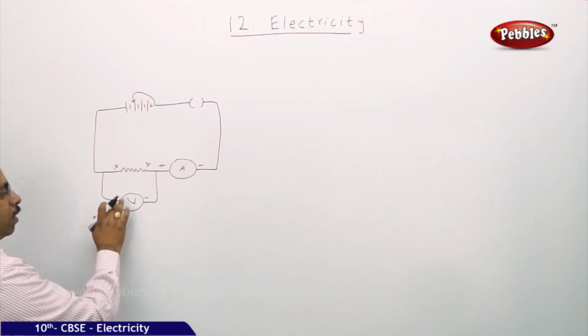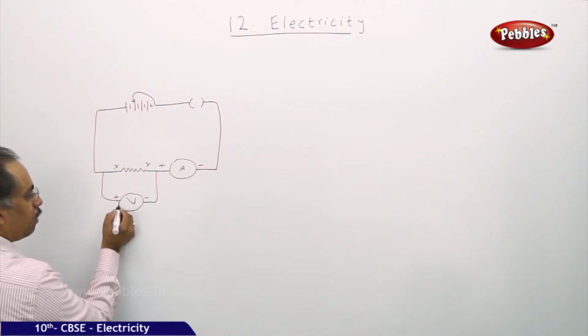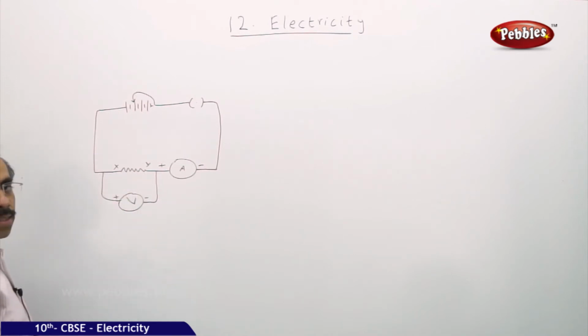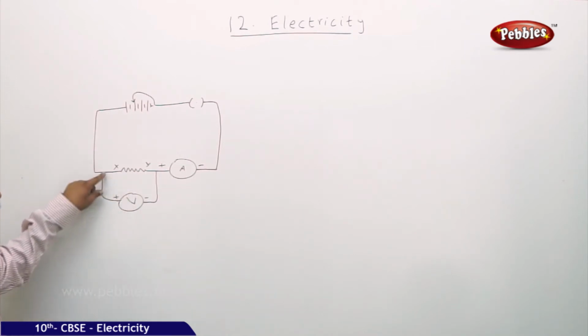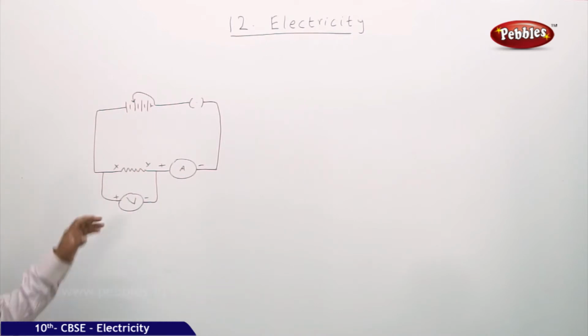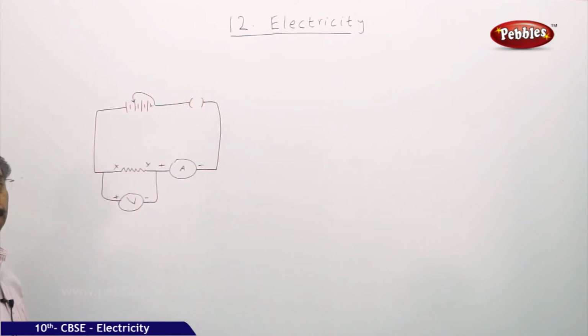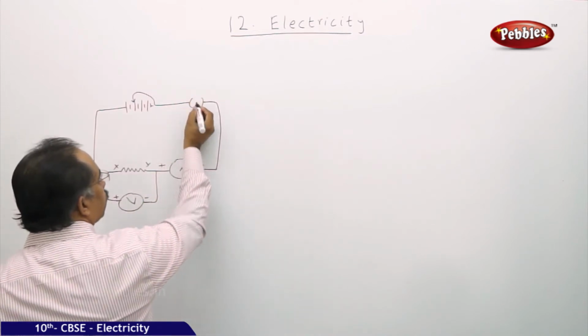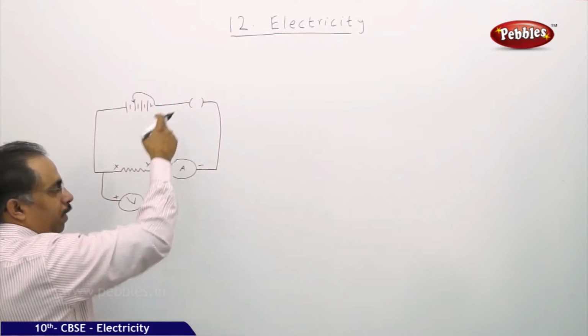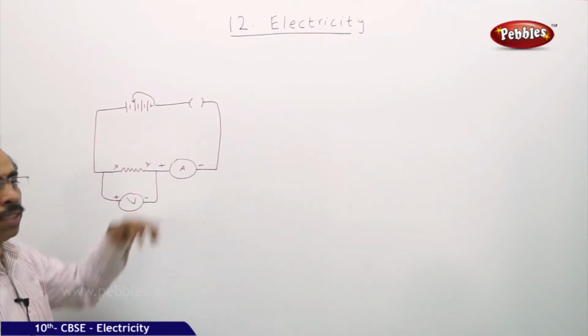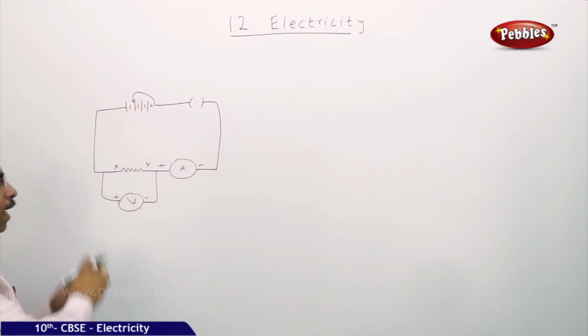The voltmeter is always connected across the terminals, so I am connecting the voltmeter across this resistor XY. Then I have a key over here which I can switch on and off. This is on; if I don't have this dot over here, that is off. So this is a circuit diagram.